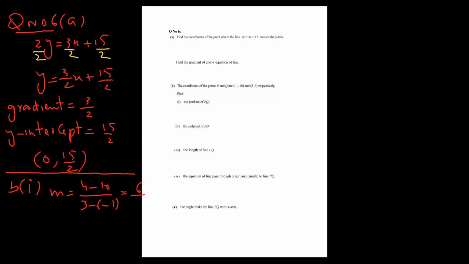I got 6 by 4, ultimately 3 by 2. Let me reconfirm. Yeah, correct answer. But here I got a negative sign, so we got negative 3 by 2. Make sure about the signs. So we have done the gradient: minus 3 by 2 is my answer.